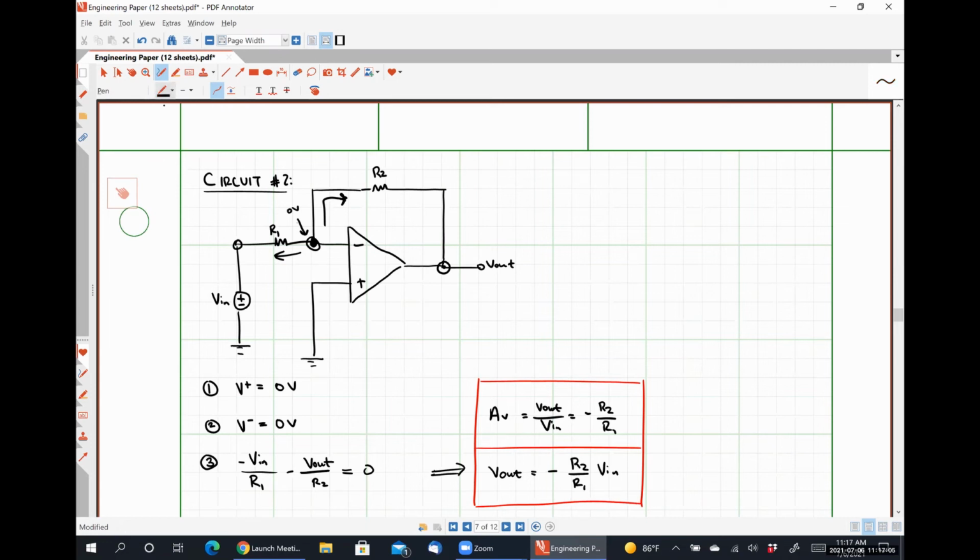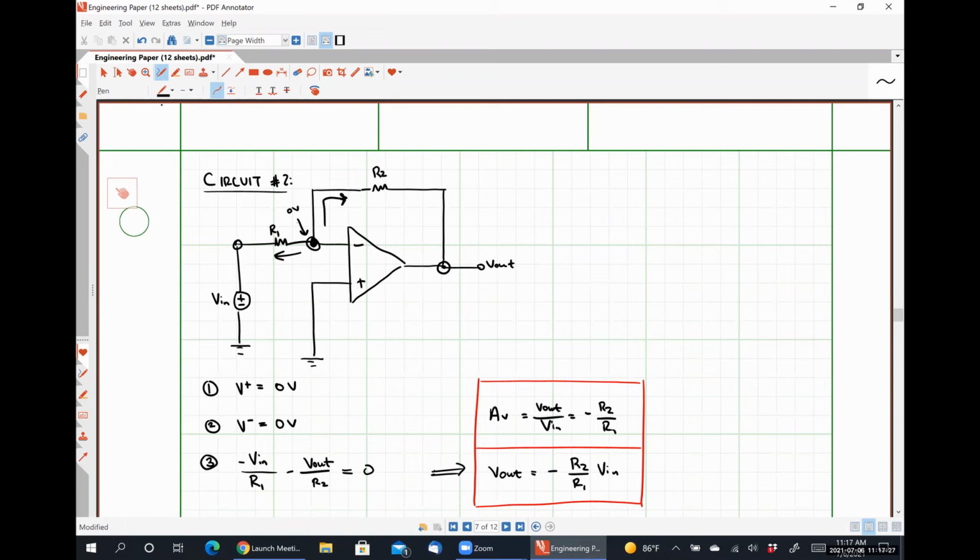So let's talk about this voltage gain equation here, right? Obviously, we have a negative voltage gain, assuming that our resistor values are positive. We will always have negative voltage gain, which means if we apply a positive input voltage, we get a negative output voltage.